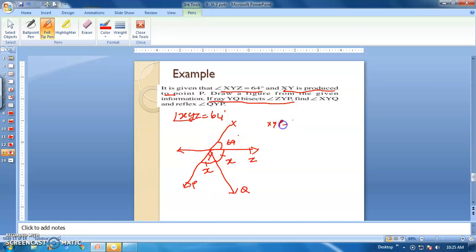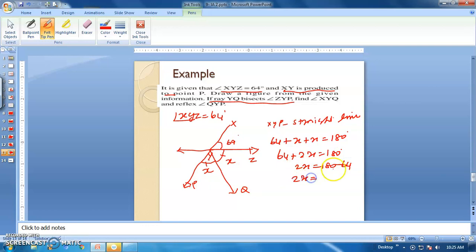XYP is a straight line. Okay, it's a straight line. So therefore 64 plus 2X equal to 180 degree. Therefore 2X equal to 180 minus 64.